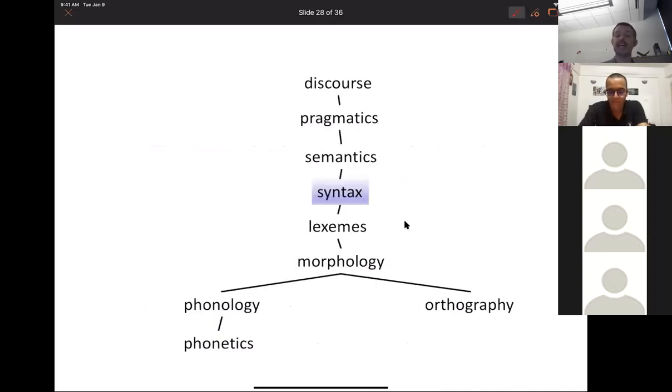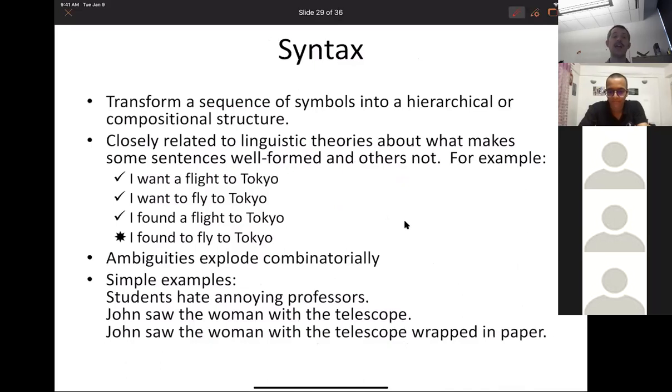Then there's syntax. In syntactic analysis, you take a sequence of symbols and you give it a hierarchical or compositional structure. This is closely related to linguistic theories about what makes some sentences well-formed and others not.